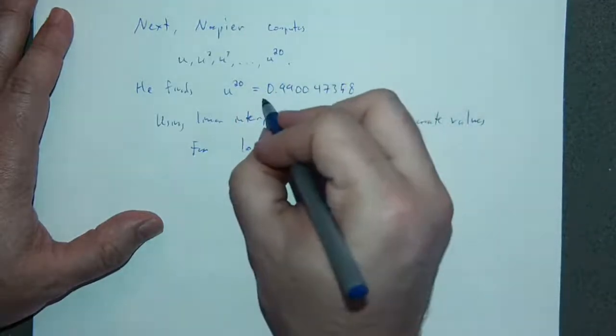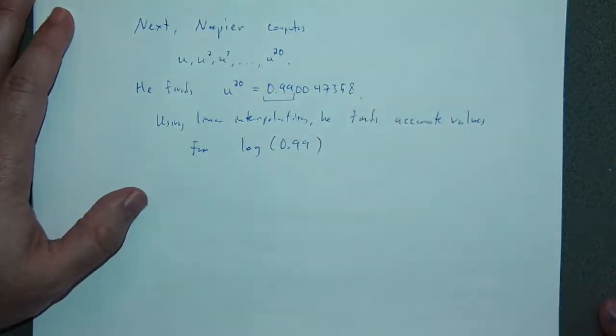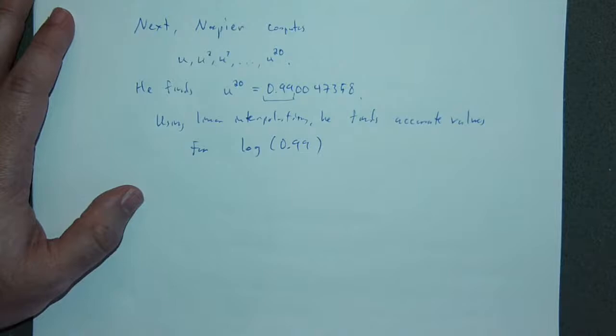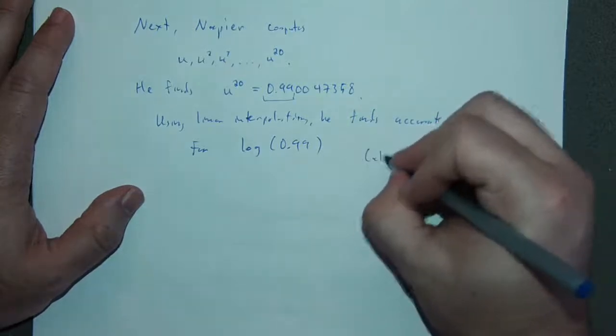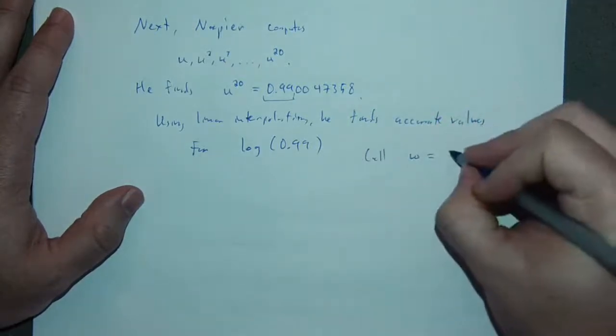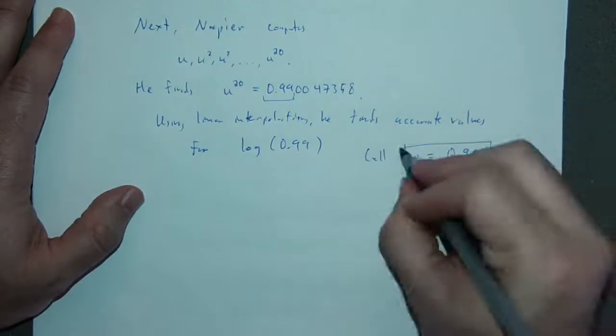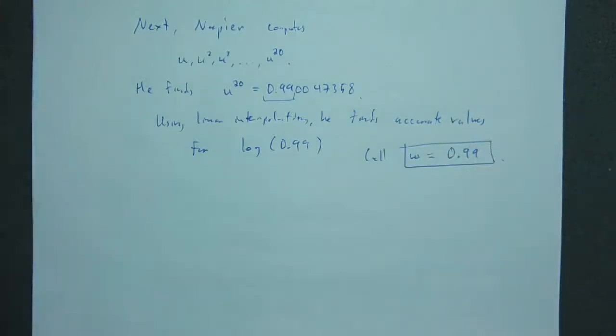Where does that come from? Here. All right. Call that W. So call W 0.99. So at this point, he's very accurate. These values he's computing are very accurate.